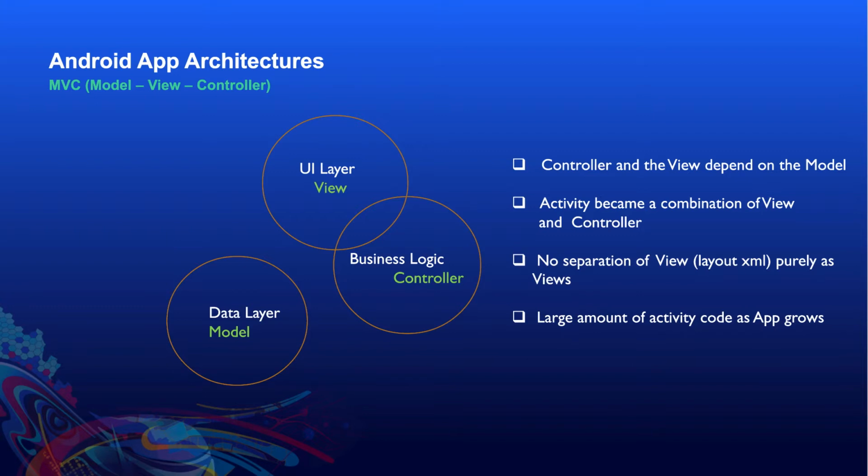And there is no clear separation between the views, to treat them purely as view components. So it needed some refining to this architecture, and that's when people started adopting a new pattern, which is the model view presenter architecture.